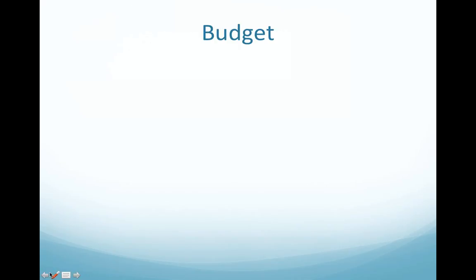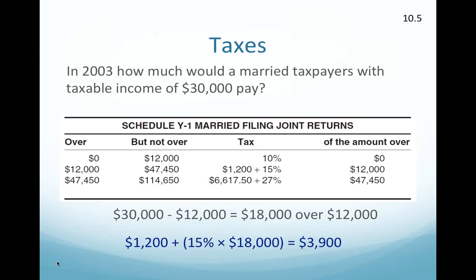So at 30,000, 18,000 of that is above 12,000. That 18,000 gets charged at 15%, and the rest is the fixed 1,200. So the amount of taxes in this case is going to be 3,900.